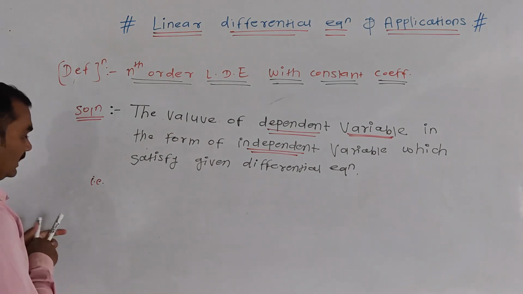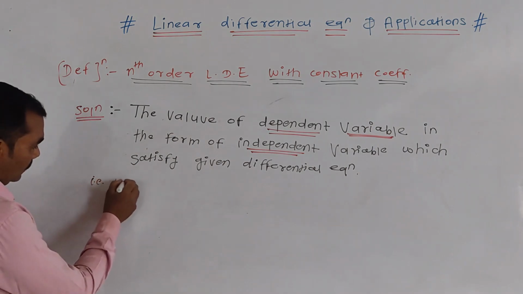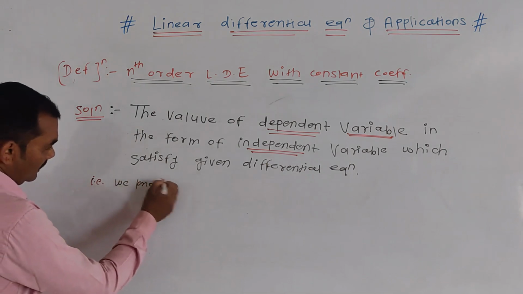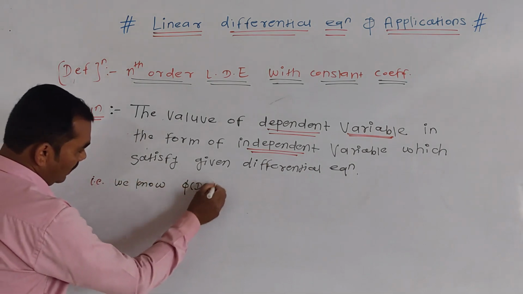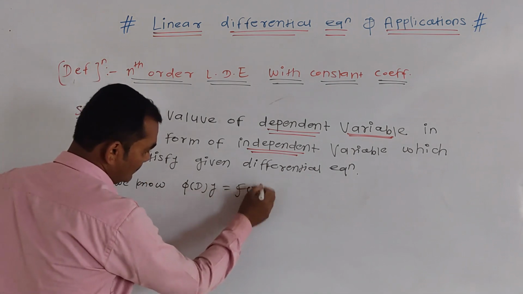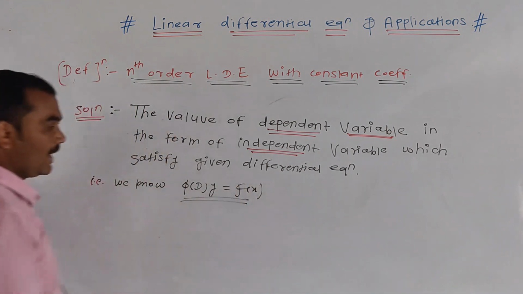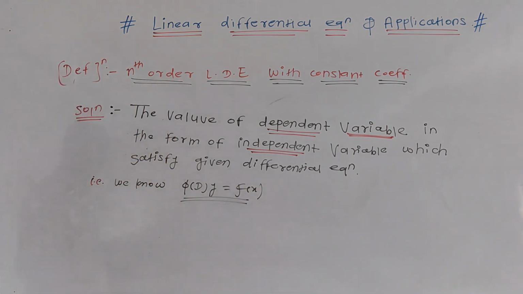आपके पास इक्वेशन है, we know which equation, phi of d into y is equal to f of x. Okay, phi of d into y is equal to f of x. This is your differentiable equation.